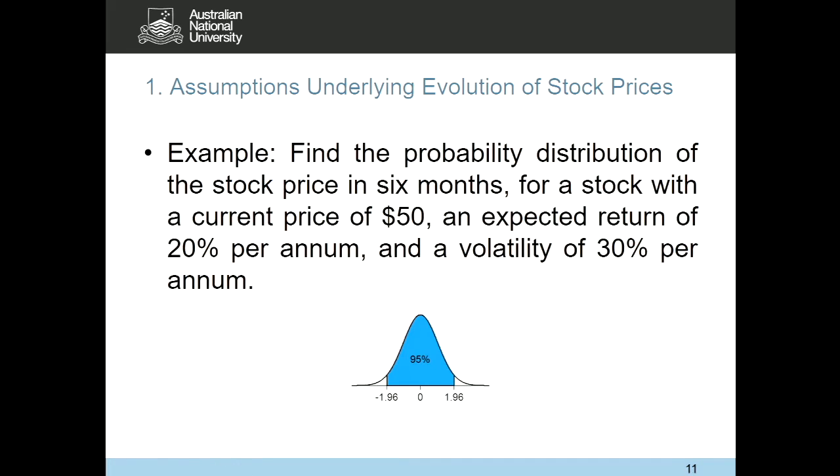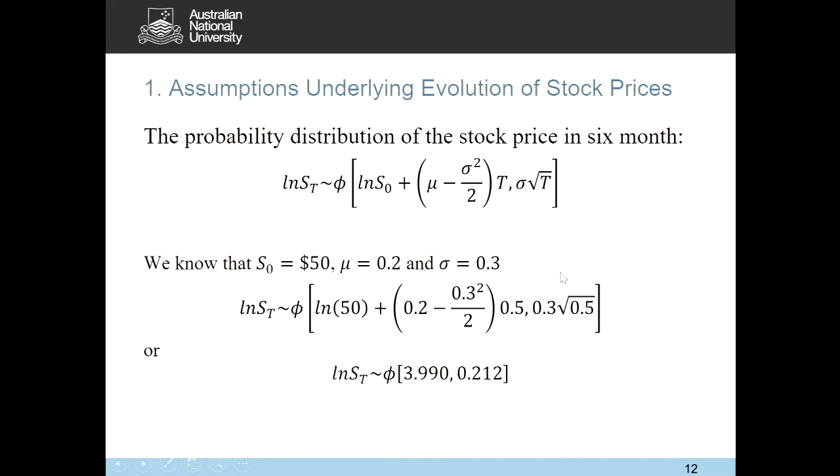So when a question tells you the volatility, it means standard deviation. So the standard deviation is 30%. All right? So we simply plug in the current share price 50 into the log S0 here, and we plug in the mu, which is our expected return, 20%. Then we plug in the volatility 30%.